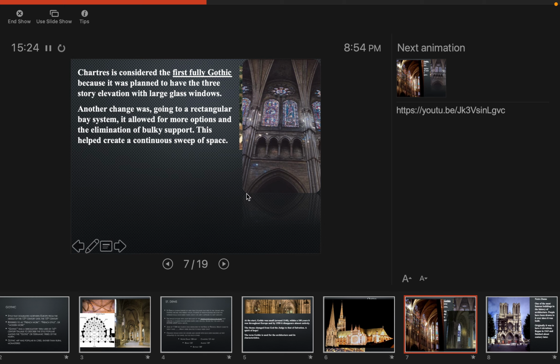So here we have the photo cut off, but this would be our first story. And then here, this middle section would be our second story, aka ambulatory. And then up at the top, typically known as the attic or the story that housed windows, is our clerestory.